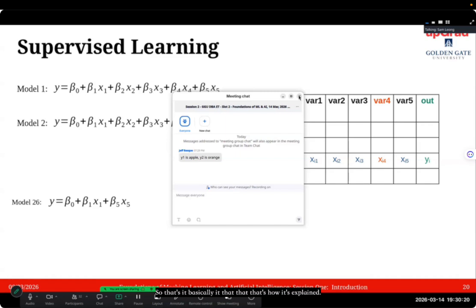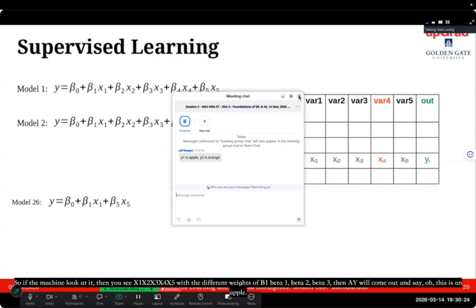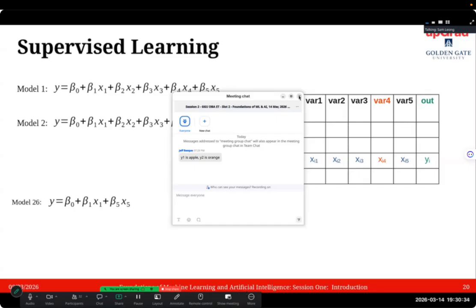So if the machine looks at it, you see x1, x2, x3, x4, x5 with the different weights of beta 1, beta 2, beta 3, then a y will come out and say, oh, this is an apple. Then you look at model 2, and model 2 can tell you that this is an orange.